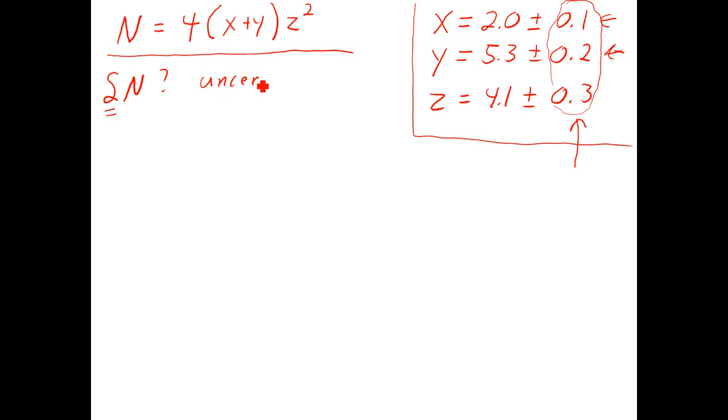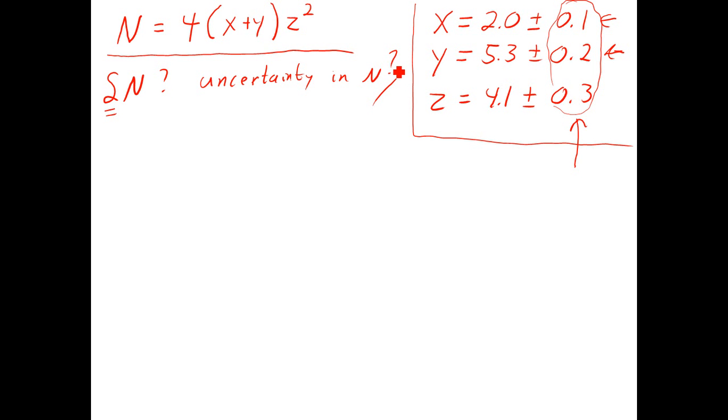Uncertainty in n. What is it? And at this stage, we don't have to do any more estimating. The uncertainty in n is totally determined by the uncertainties in x, y, and z. And how do you figure that out?